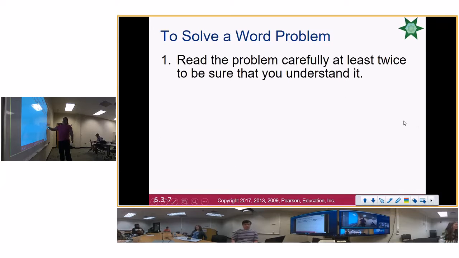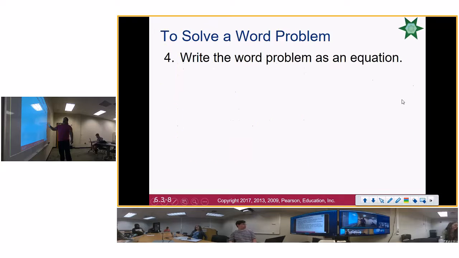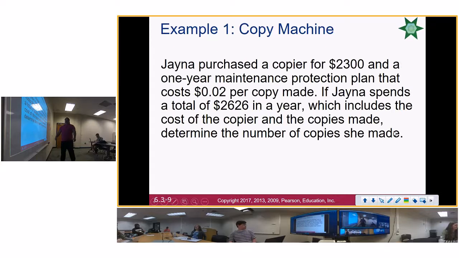Read the problem carefully. Y'all have seen all this. I'm not gonna insult your intelligence by going through it. Jana purchased a copy for $2,300 and a 1-year maintenance protection plan.